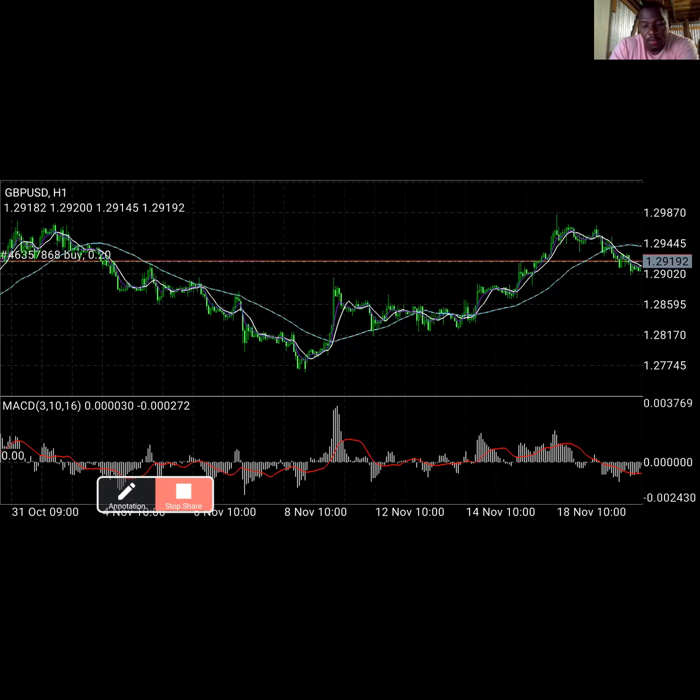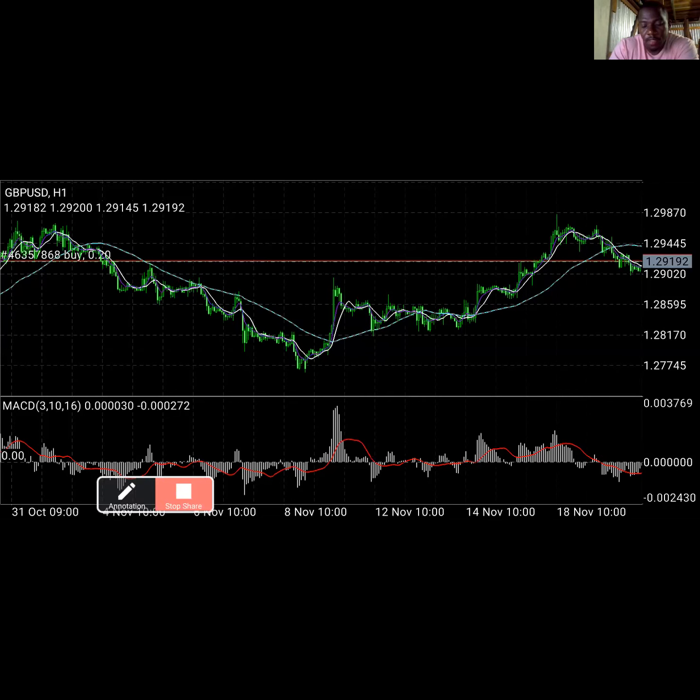All right, so taking partial profits. Right now I have a GBP/USD trade, and I got the lot size as 0.2.